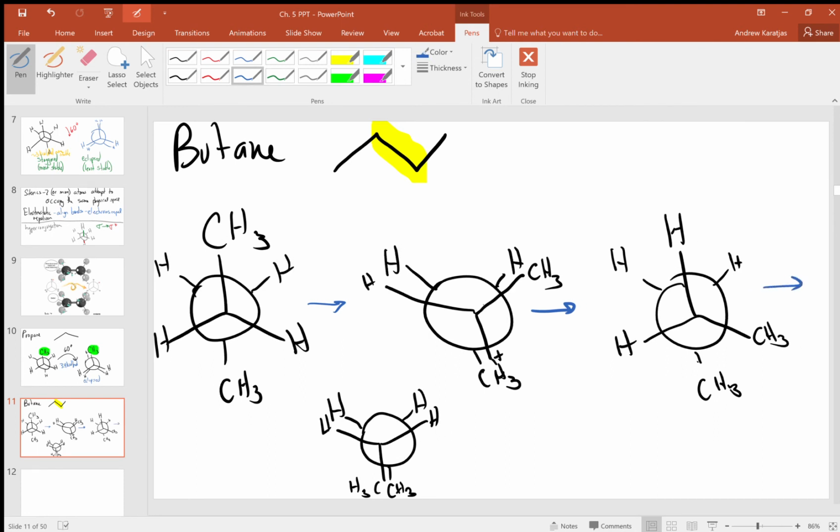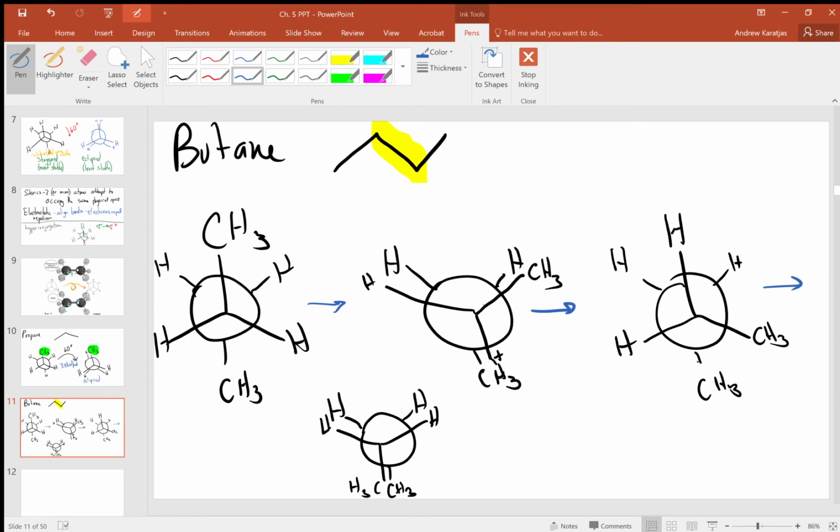We could keep going, and you may want to with your model kit, but if we keep going, we'll end up going back through structures that are identical to the ones that we have, and then eventually we'd get back to where we started. But notice now we have 4 different conformations, 2 that are staggered, 2 that are eclipsed.